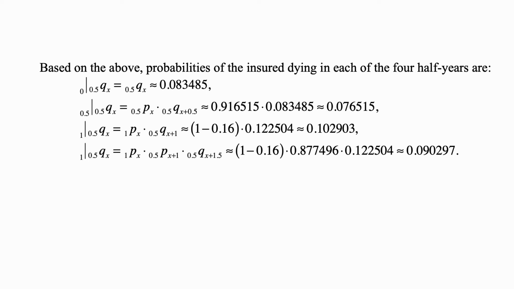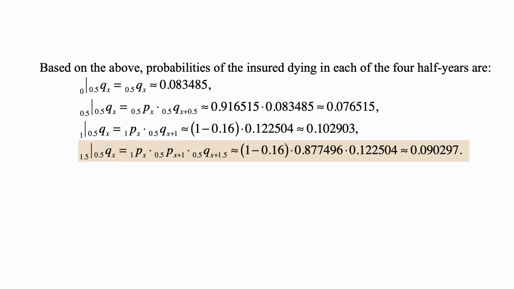And then deferred by, so I had a typo there, my apologies, deferred by 1.5, 0.5 qx. I had a 1 there, but of course, clearly it's about the next half a year. And that's equal to 1 px times 0.5 px plus 1, which, by the way, is equal to 1 minus 0.5 qx plus 1, and that 0.5 qx plus 1 was 0.122504, so this is 1 minus that.